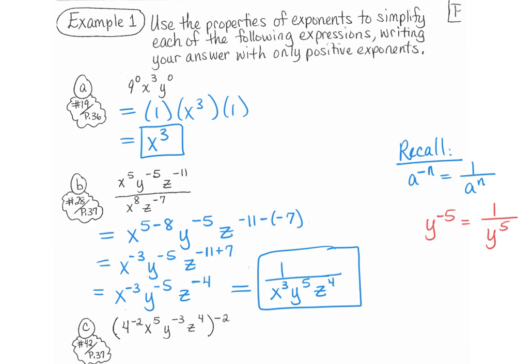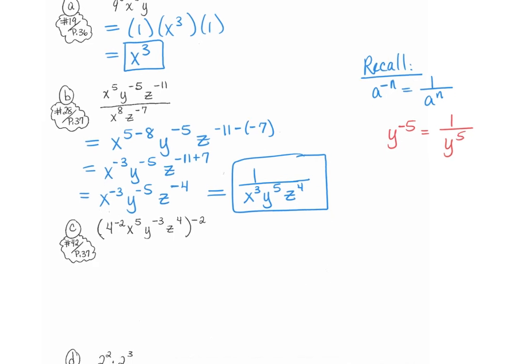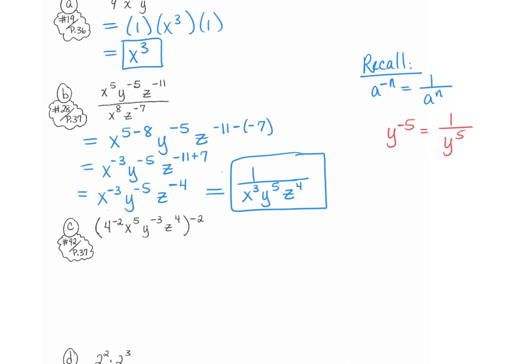Okay. All right. So part C then. Part C, we have 4 raised to the negative second times x to the fifth times y to the negative third times z to the fourth, all of that raised to the negative second. What two properties are you going to use in this problem? Fifth property and?